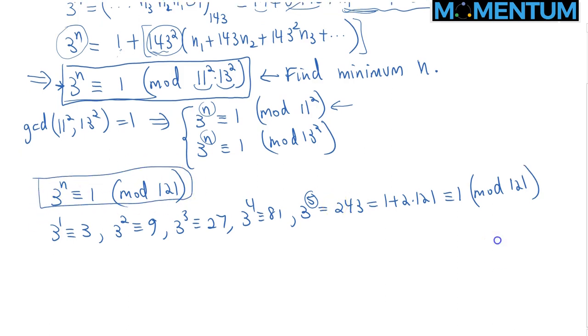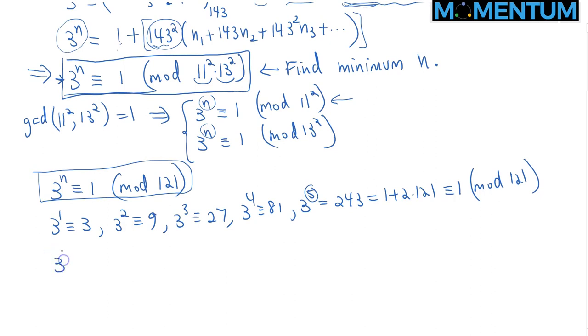What else works in that case? Well, consider 3 to the 5k. This would be equal to 3 to the 5 to the power k, but 3 to the 5 is simply congruent to 1 in mod 121. So therefore this is 1 in mod 121. That's it. So all multiples of 5 solve this congruence, and these are the only ones that solve it.